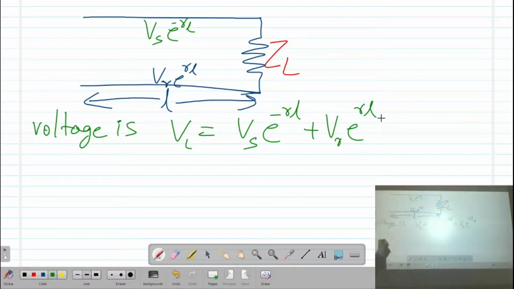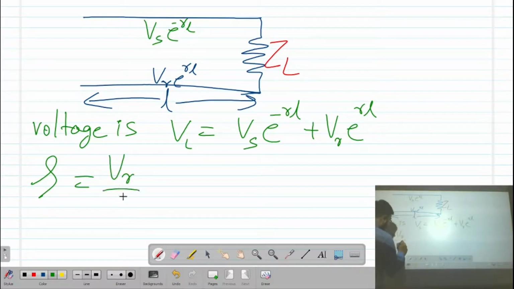Now we know that rho is equal to Vr by Vs by its definition.